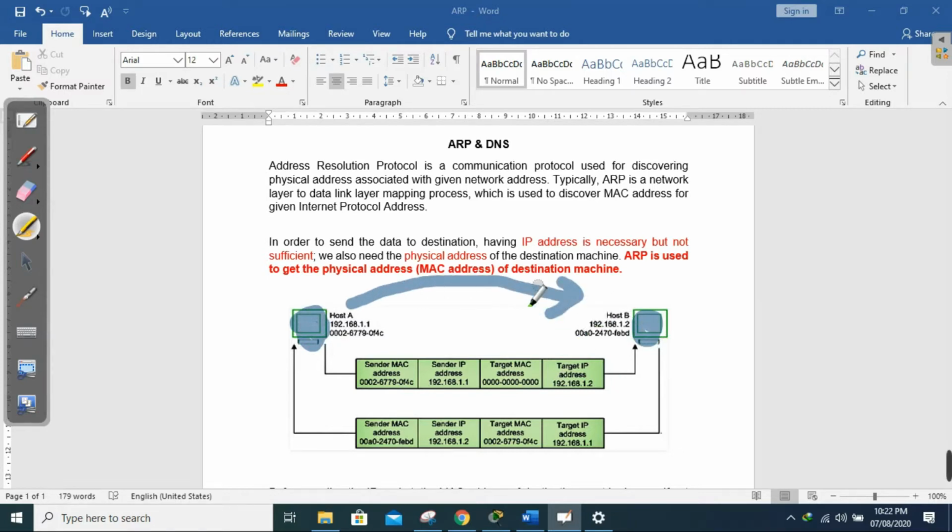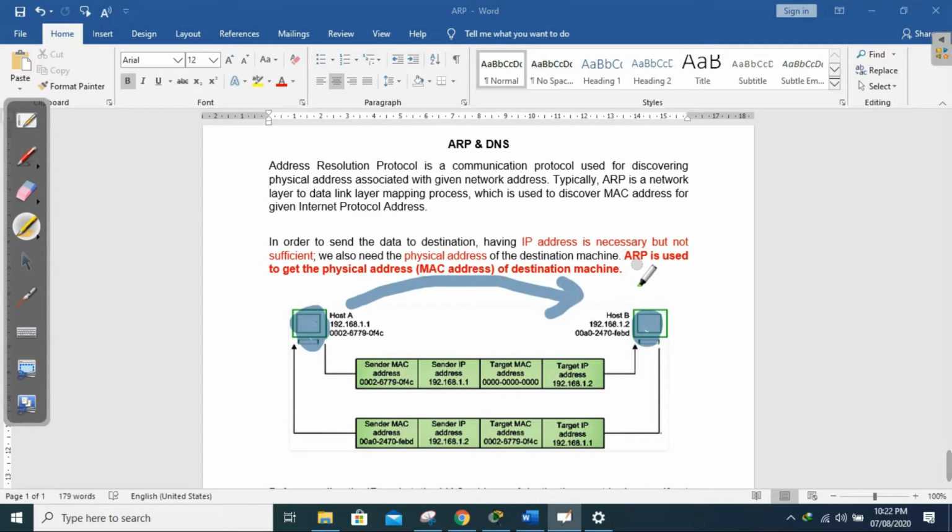To send the data to my destination, I know that I need the IP address of that destination. But what you need to understand is that knowing the IP address of the destination only is not sufficient. We just cannot send the data by knowing the IP address only. We also need some other information, and that other information is known as the physical address or the MAC address.